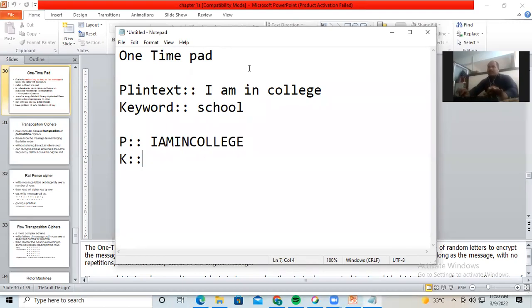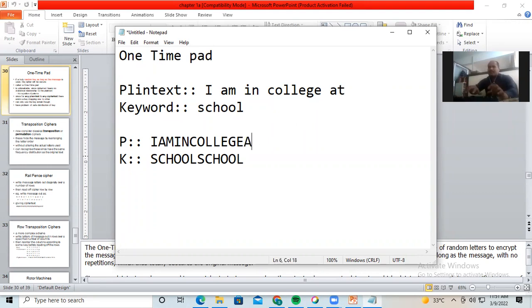Now my plain text is going to end here. Now I want to write the key SCHOOL here. Now how many characters remain? 1, 2, 3, 4, 5, 6. Again I'm going to repeat my same keyword here, SCHOOL.